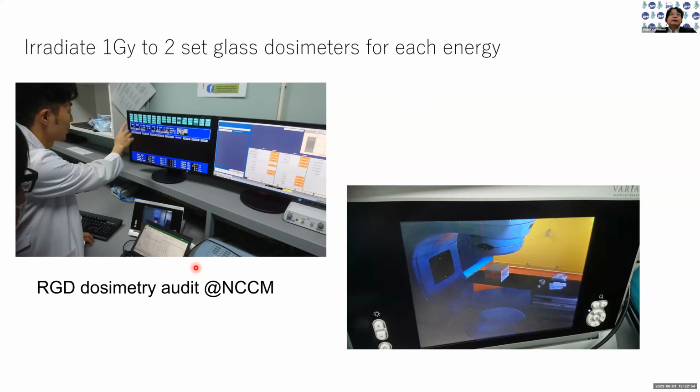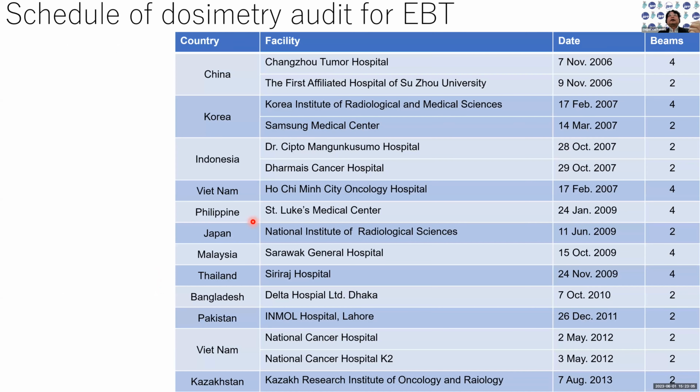This picture shows the RGD dosimeter audit performed at NCCM in Ulaanbaatar.